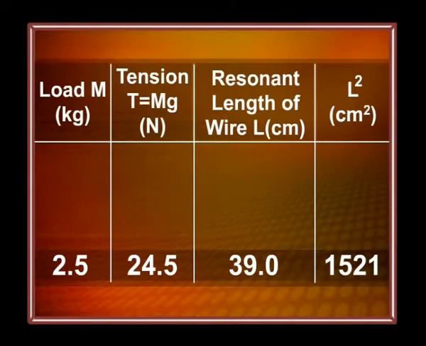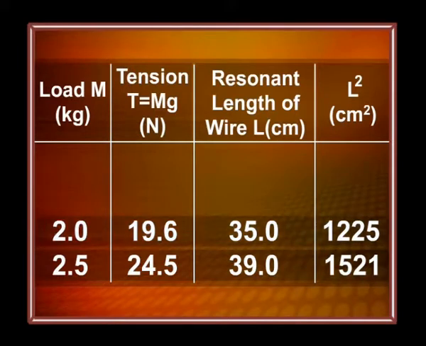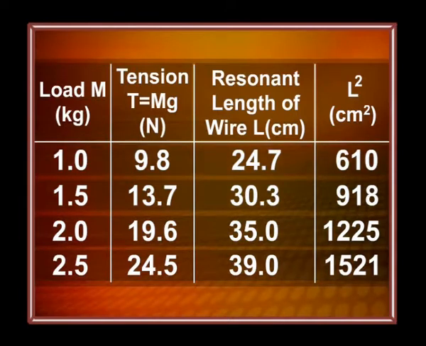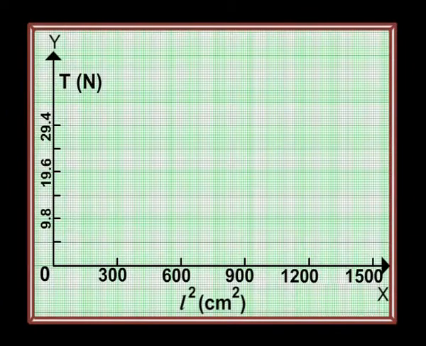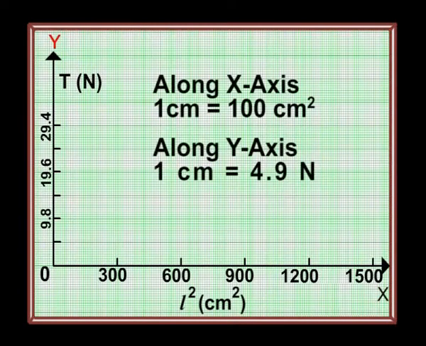This is the desired observation table. Have a careful look at the readings noted here. There aren't many calculations. Just plot a graph between L square and T. Take T along the y-axis and L square along the x-axis, as you can see here.